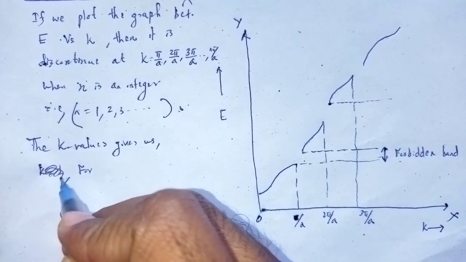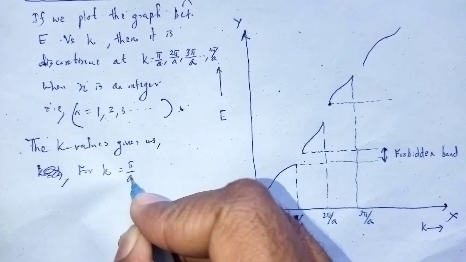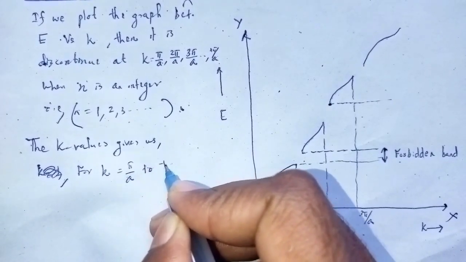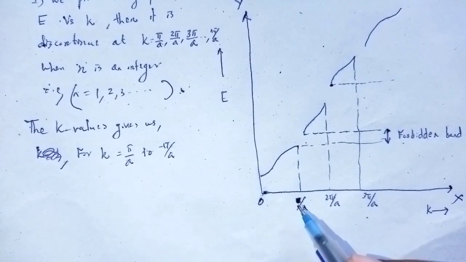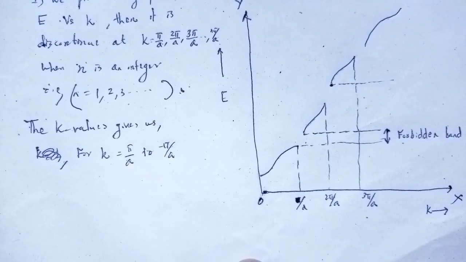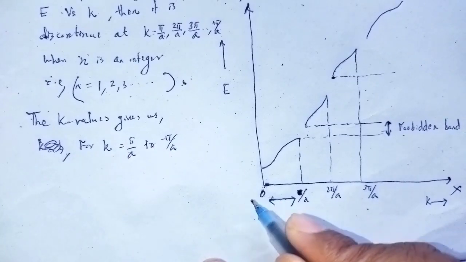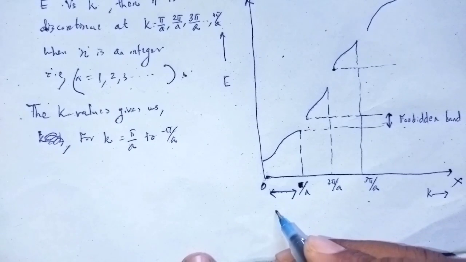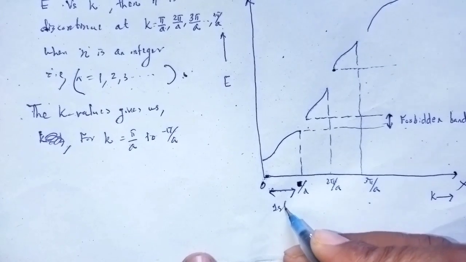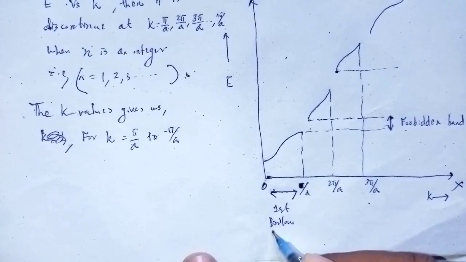The range of k from minus pi by a to pi by a is known as the first Brillouin zone.